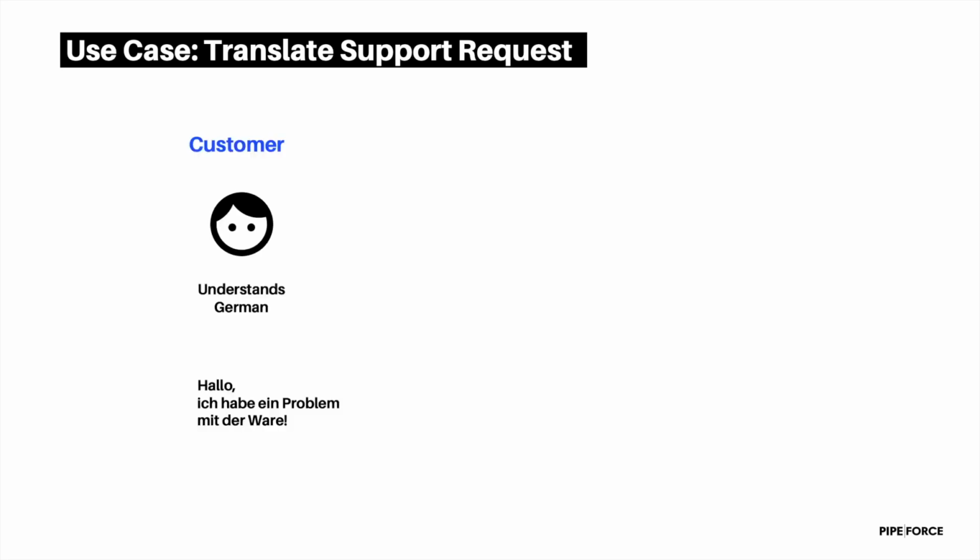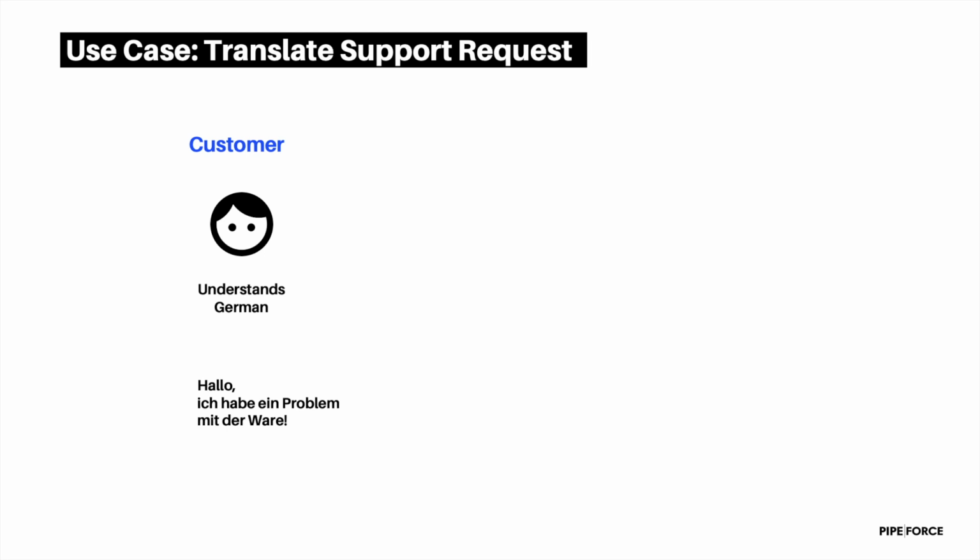Okay, before we start, let's think about what could be a usual use case for translating text from one language into another. One use case could be that you have a customer with a question in a foreign language, for example in German.